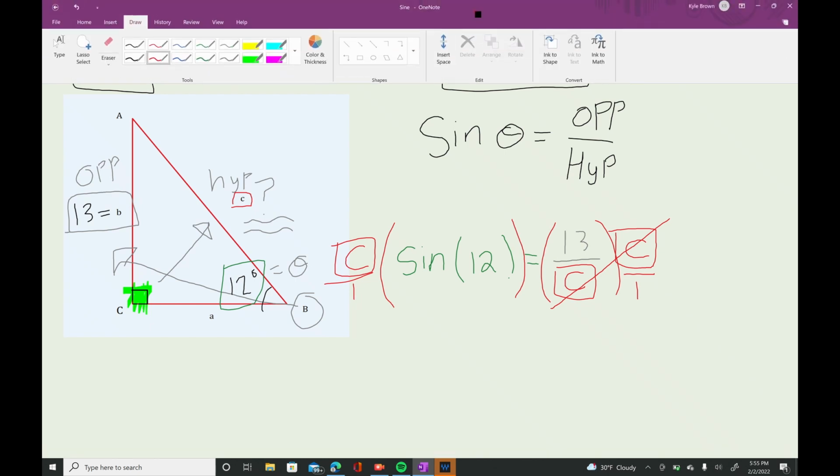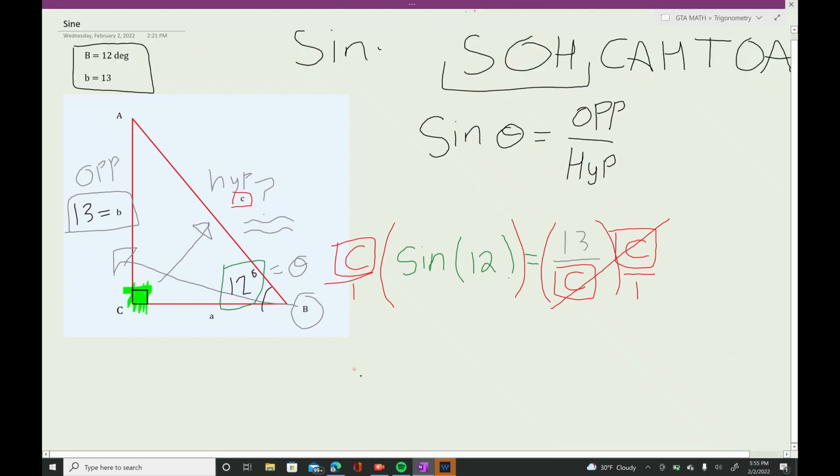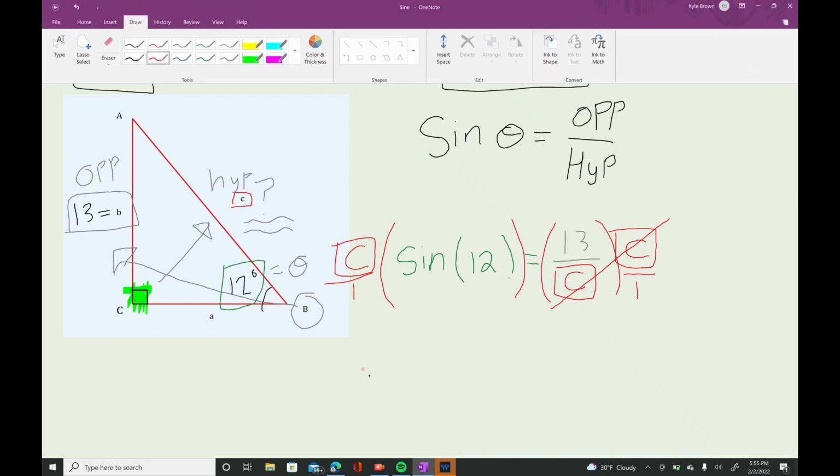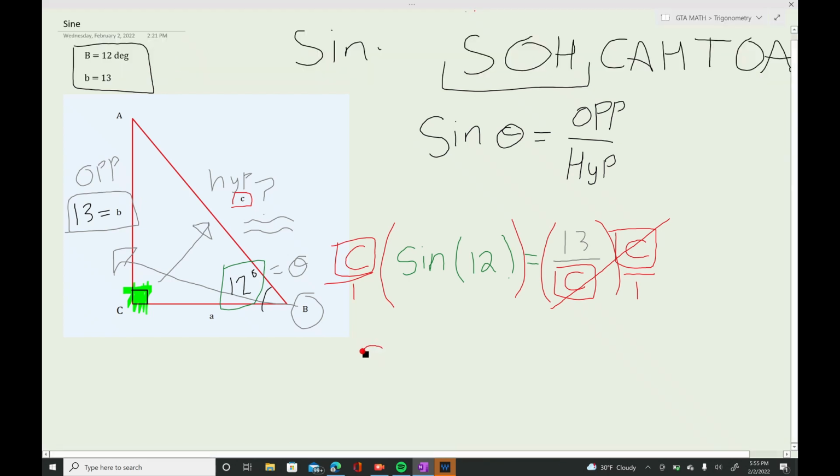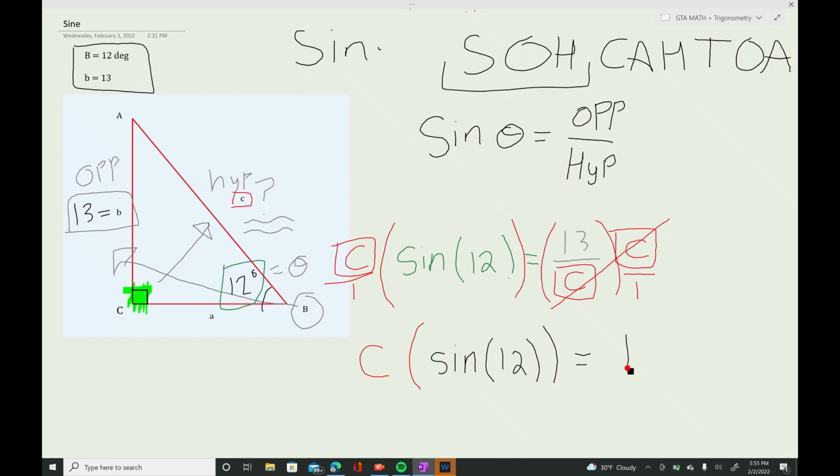And now we're going to be left with, let me bring this back, C times sine of 12 degrees equals 13.